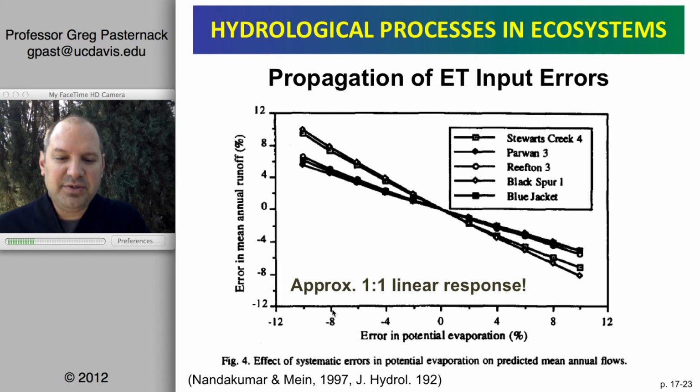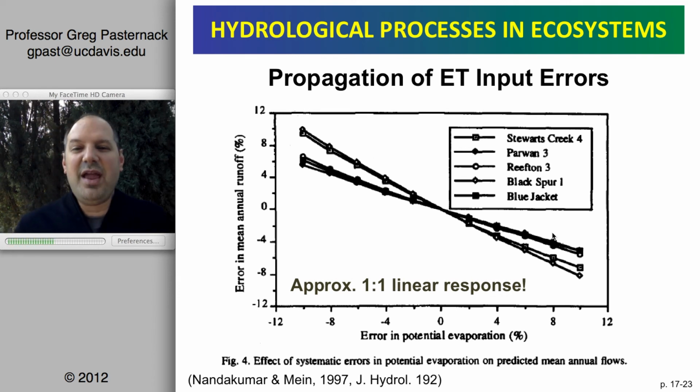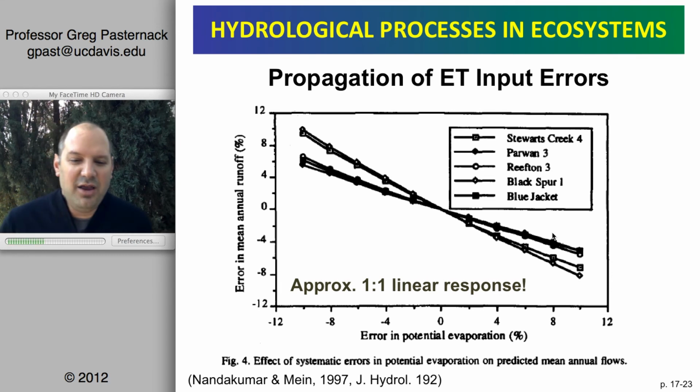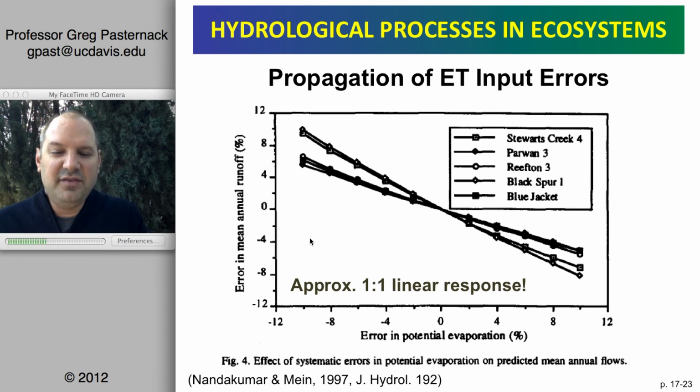So a -8% error has anywhere from a muted 5% to about 1-to-1 8%. And then you come over here at the positive 8% range, we're at like -3.5 to -7. So the total difference across this range is something like an error of 16% in potential evaporation gives you an error of about 8 to 12%.